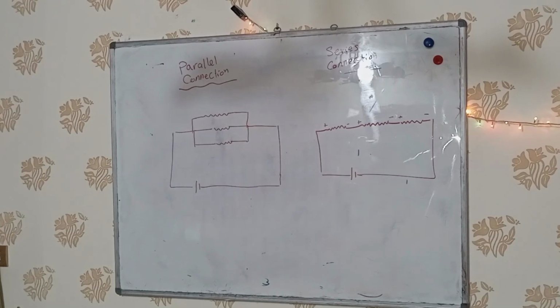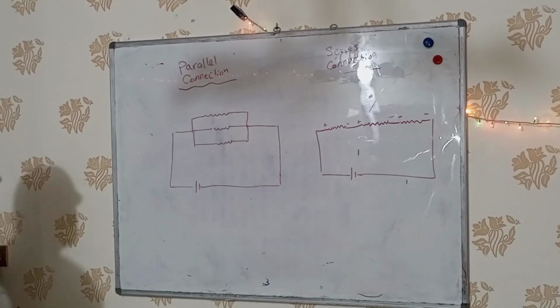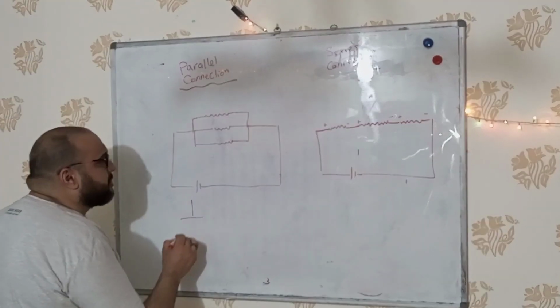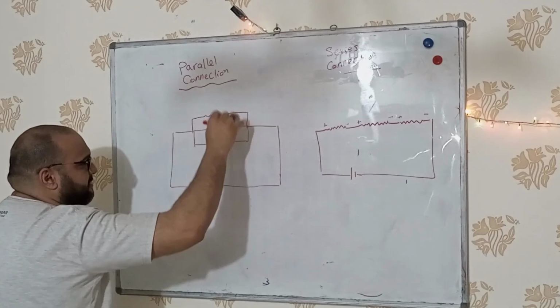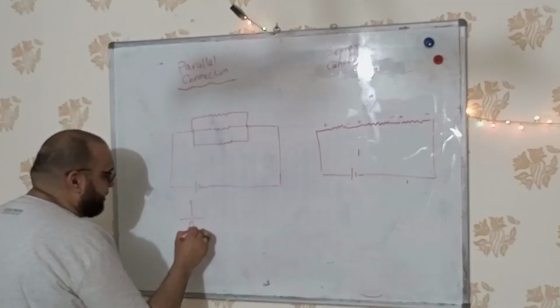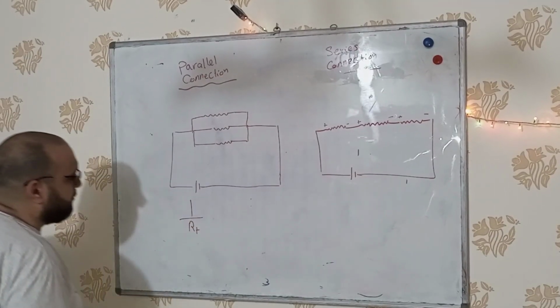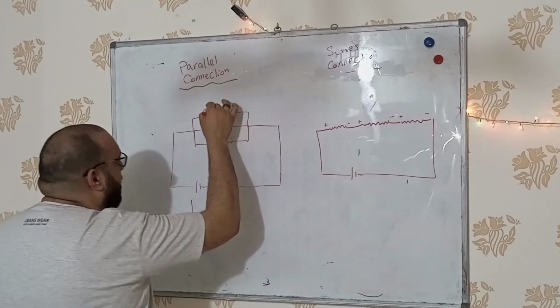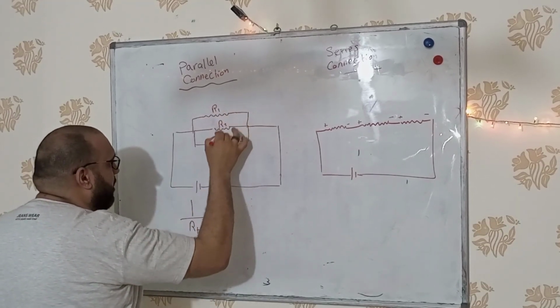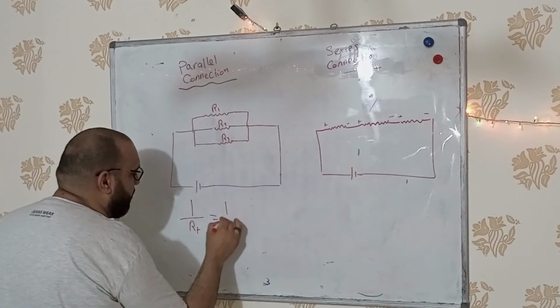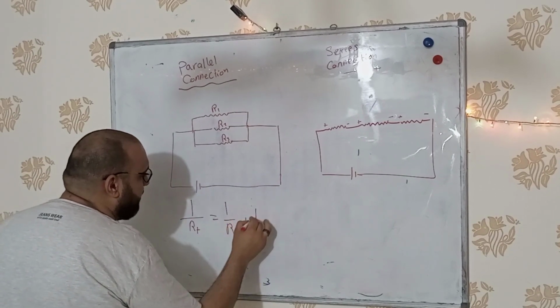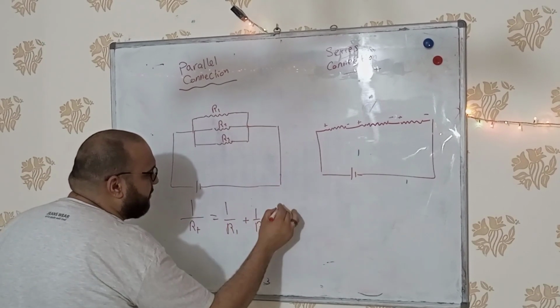In the case of connection of resistors in parallel, the rule used to find the total resistance of this connection is 1 over RT equals 1 over R1 plus 1 over R2 plus 1 over R3.